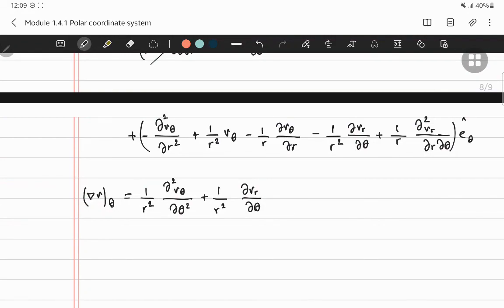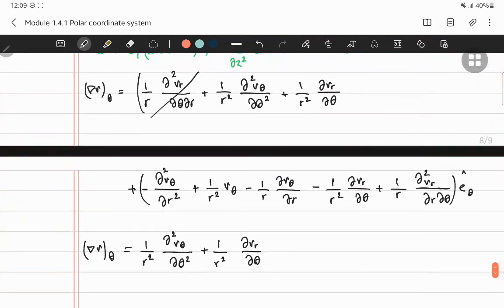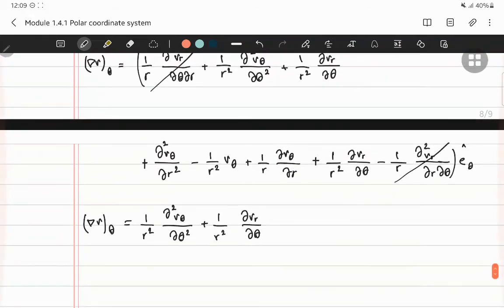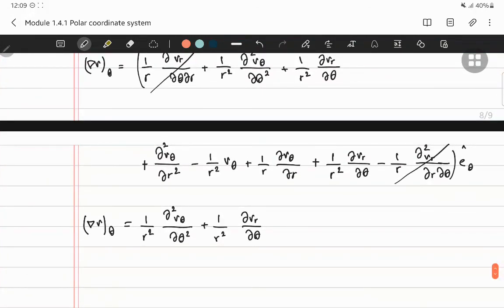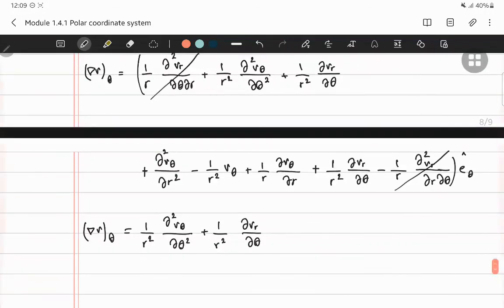All right. So I have minus here. So minus minus, this becomes plus, minus plus plus minus. This cancels out with this one. I have 1 divided by r here, 1 divided by r squared here. Great.